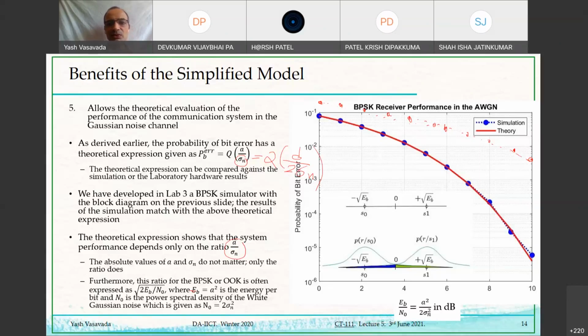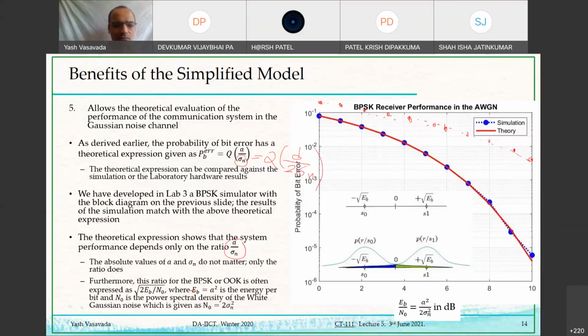The absolute value of the noise also doesn't matter. What matters is the relative aspect. How much is my received signal stronger compared to the noise, which is captured by this ratio A divided by sigma n. A is the received voltage, sigma n is the standard deviation of the noise.